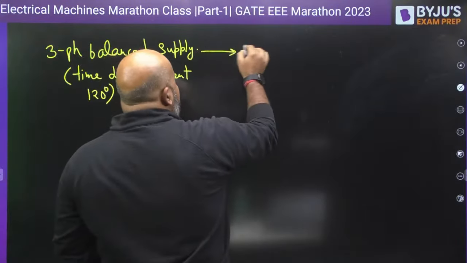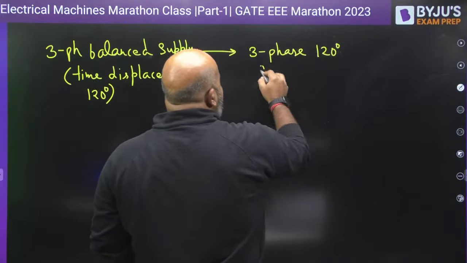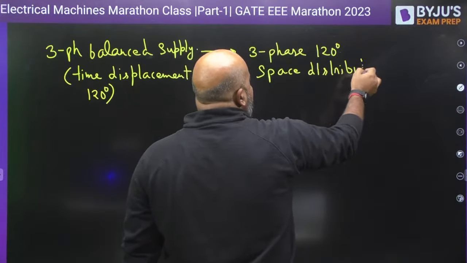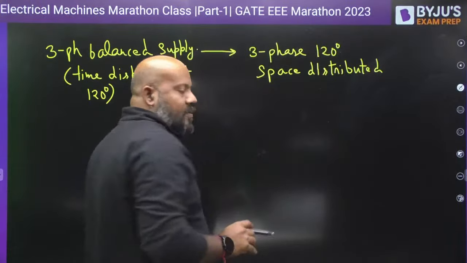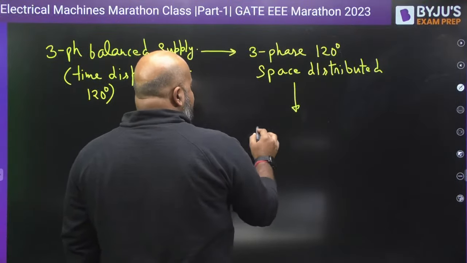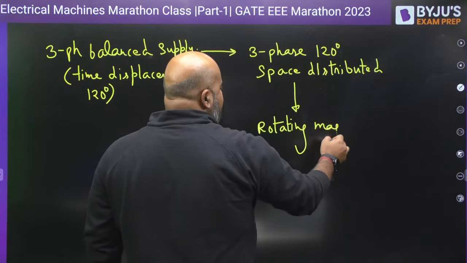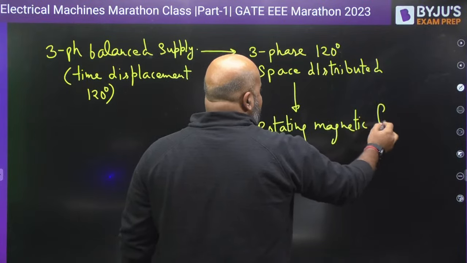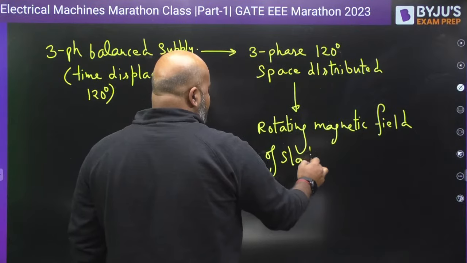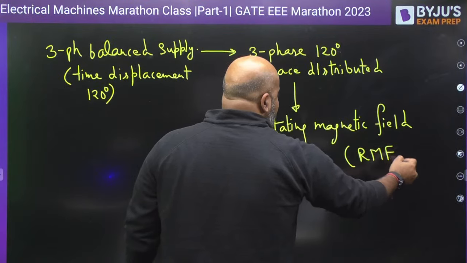Now this supply is given to a 3-phase winding, distributed 120 degrees in space. This 120 degree displacement is in terms of space. This will give rise to a rotating magnetic field of the stator.